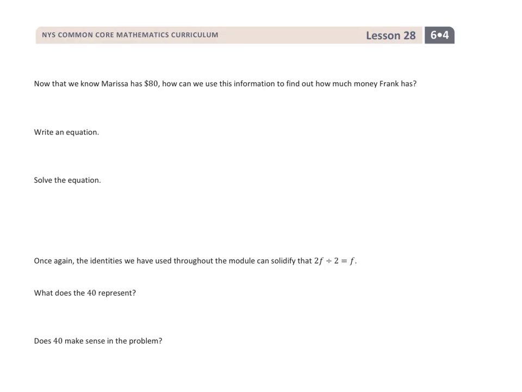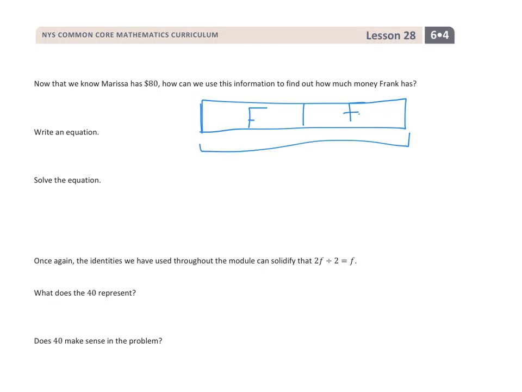So now that we know Marissa has $80, how can we use this information to find out how much money Frank has? So just a reminder that Marissa has twice as much money as Frank. And that tape diagram looked like this. 2 Franks equal 1 Marissa. So if we wanted to write that as an equation, we would say 2 Frank equal 1 Marissa.